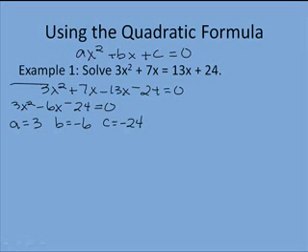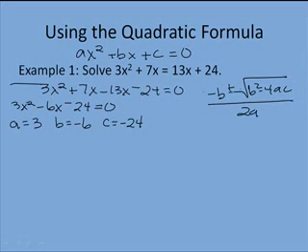Now that we have a, b, and c, we can use our quadratic formula. I'm going to put the quadratic formula over here so you remember that. It's negative b plus or minus the square root of b squared minus 4ac, all over 2a.